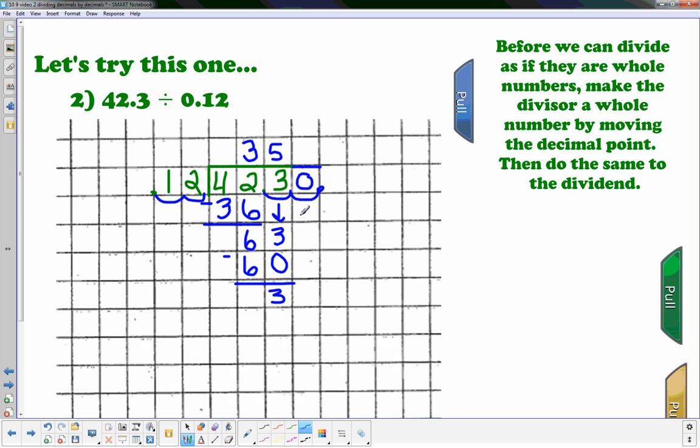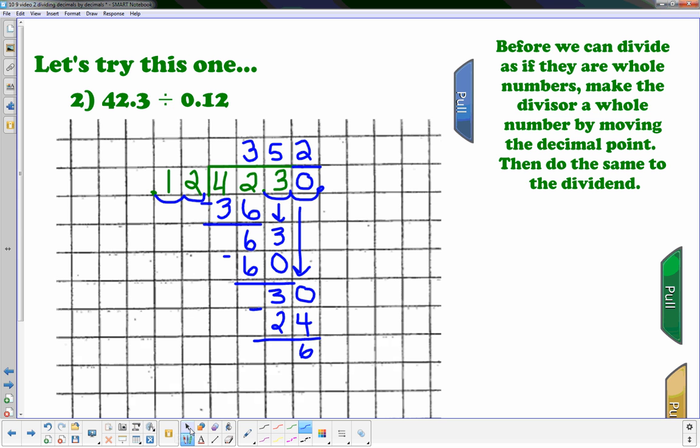I subtract. I bring down a 0. 30 divided by 12. Well, I know that 2 times 12 is 24. I subtract and I get 6.